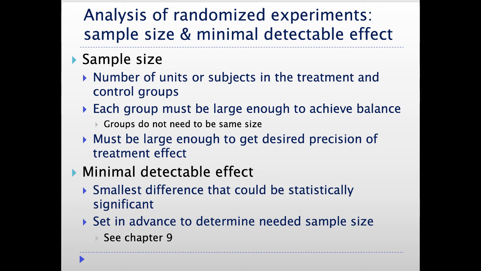So what do people do before doing an experiment to figure out how big a study they need to have? So this is a more technical thing we're not going to go into in advance. You can learn a little more in Chapter 9, and that can point you to some more advanced things.